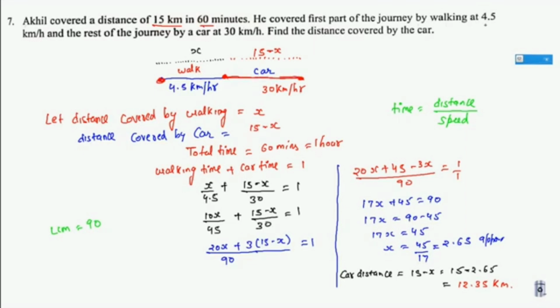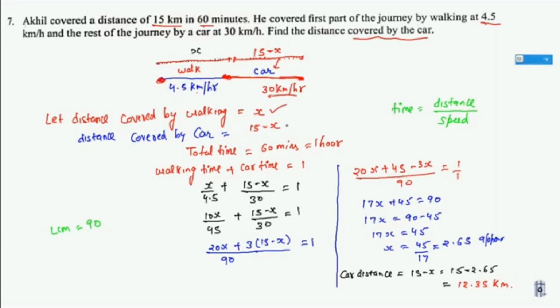That is 15 kilometers in 60 minutes and walking at 4.5 kilometers per hour. Suppose the distance covered by walking is x and the distance covered by car is 15 minus x, because the total distance is given 15 kilometers.